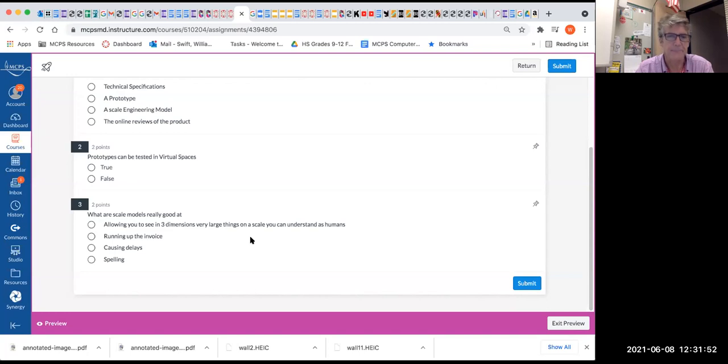Yes, it is A. A scale model, what is most important about them is it lets you look at a big object on a small scale where you can see the whole thing and look around it. So it allows you to see in 3 dimensions very large things on a scale you can understand as humans. If I have to look at a shopping center or a plan for a shopping center, it's too big.